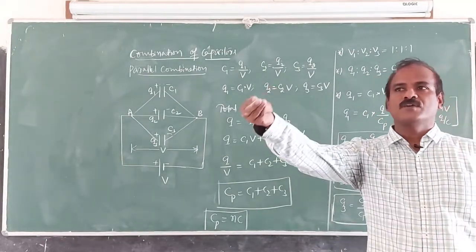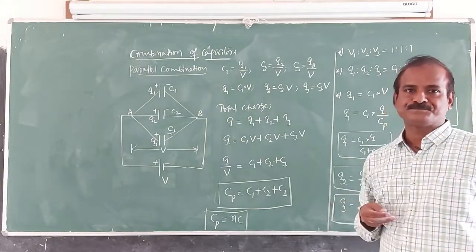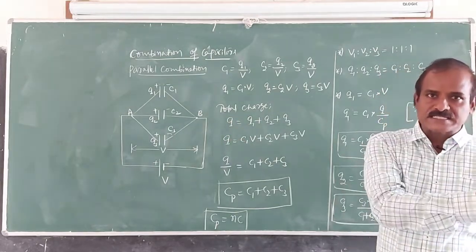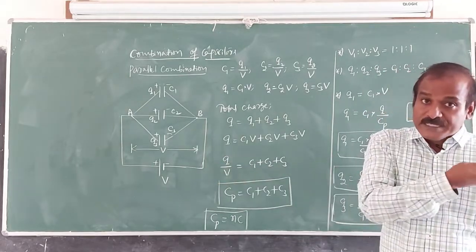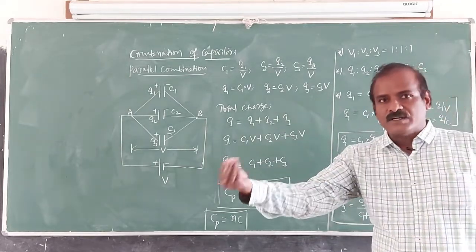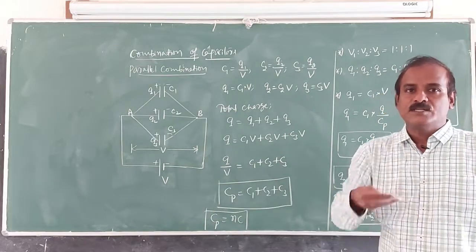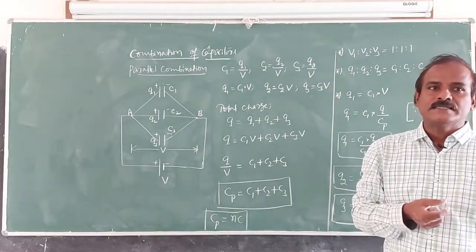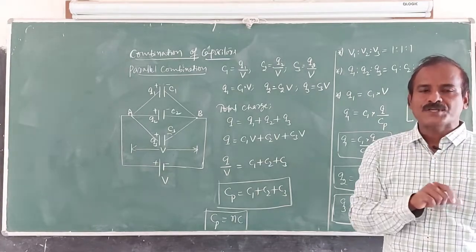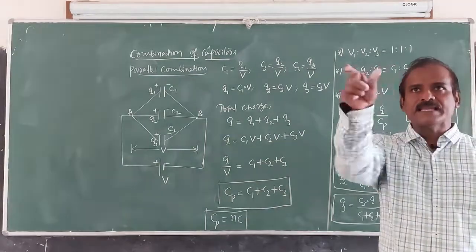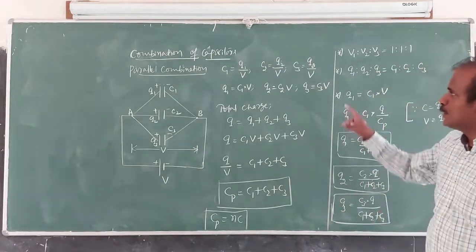What is common for each capacitor in parallel combination? What varies in series combination? What varies in parallel combination? And how it varies with capacitance. Like that you can make a list of properties which distinguishes series and parallel combination, or you can say compare series and parallel combination you can make, students.